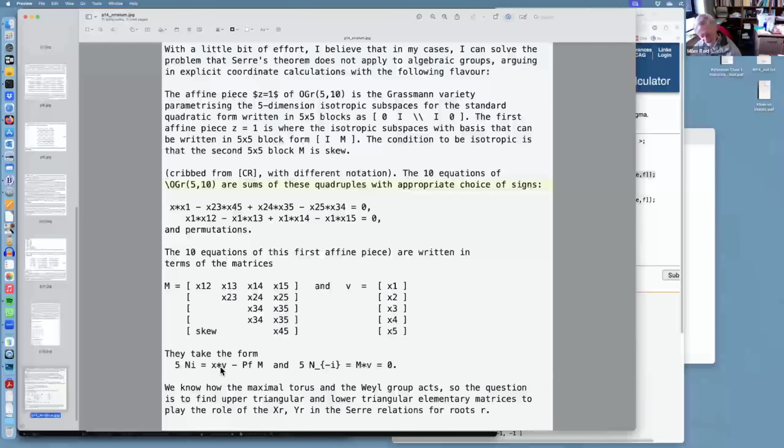I'm writing X times V equals the fraction of M. So the other 5 variables, the 5 variables corresponding to lines meeting X, are not just determined, they're determined in this very symmetric way. Right.